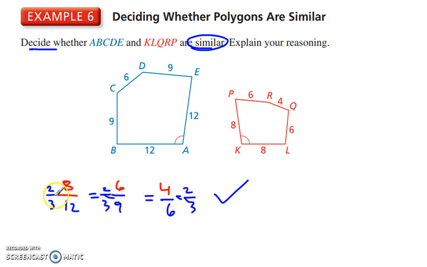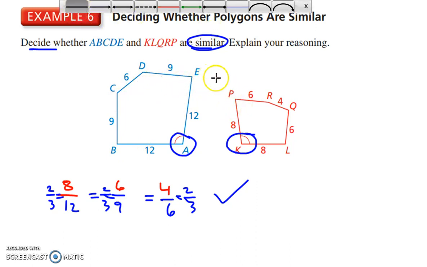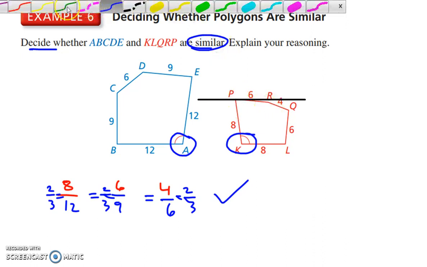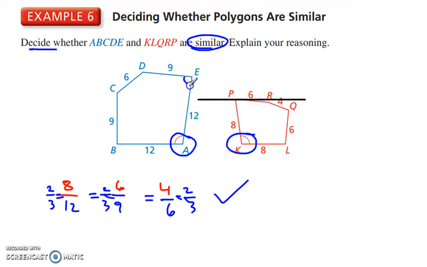Very good. Now let's check the angles. We can see angle A is congruent to angle K, but we don't know about the others. We don't have information. If I take a horizontal line right there and check, notice from E, this line goes up over here, and from P, that line goes down, which means this angle is definitely not congruent to that one.